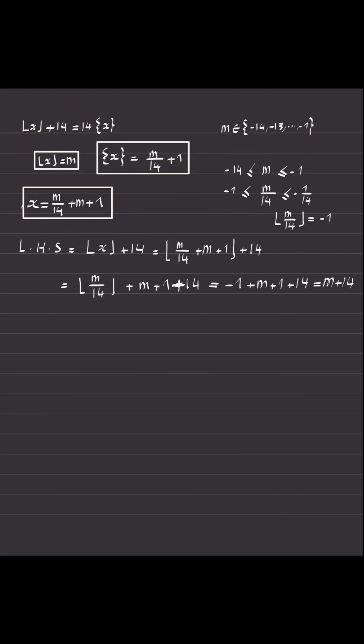And now if I ask you what is the right hand side, the right hand side is equal to 14 times the curly brackets x, which is this one. When I multiply 14 by m over 14 plus 1, I get m plus 14. And then you see that this number is m plus 14, that number is m plus 14.